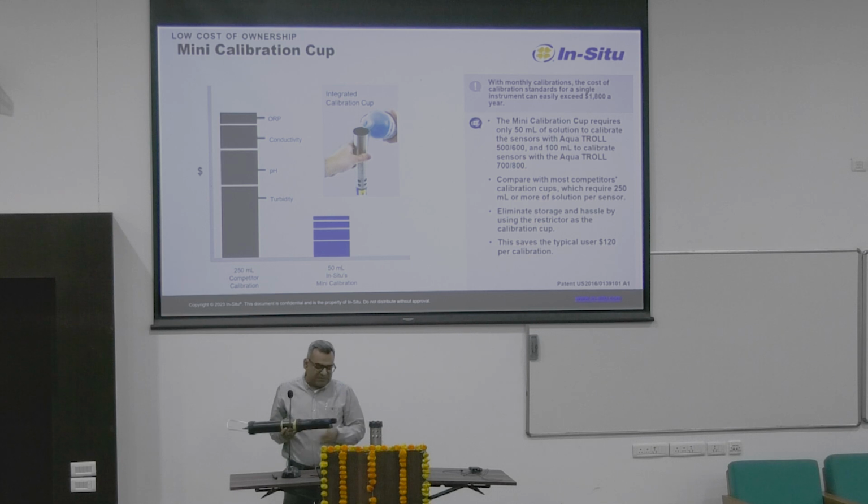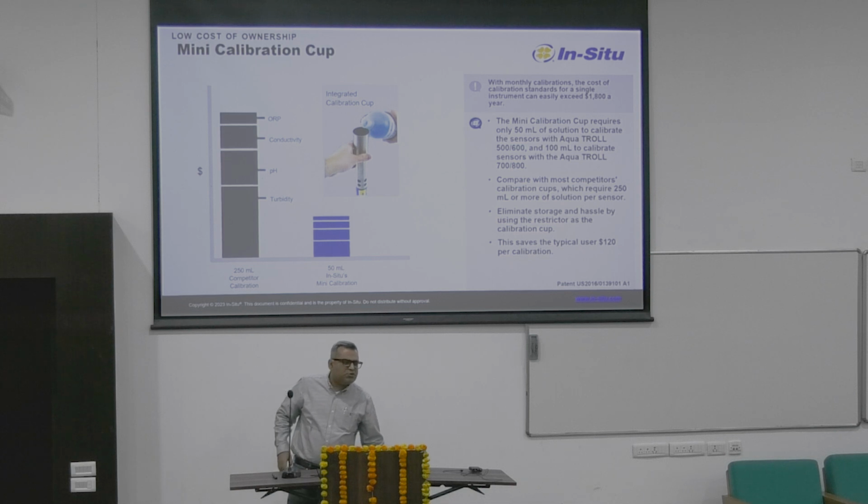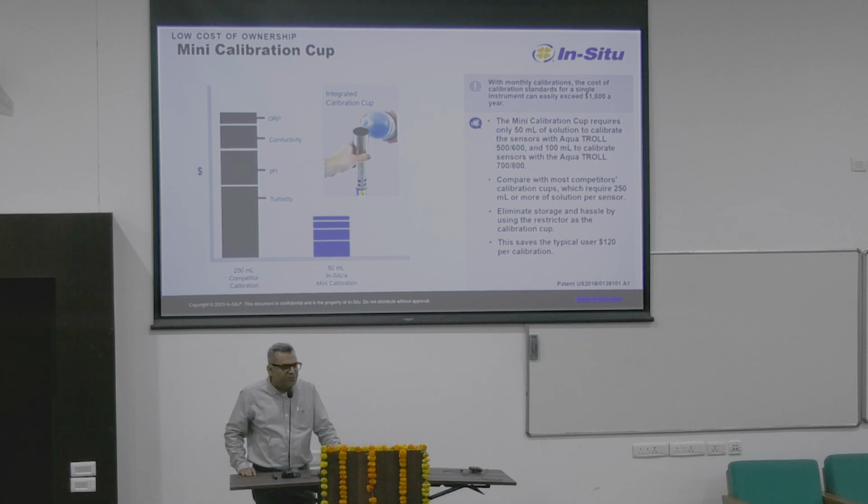Since it is a flat surface, you require a very minimal amount of calibration solutions, which saves a lot of cost and avoids wastage of calibration solutions. Generally, if you are doing the calibration for any multi-parameter instrument, you require about 200 to 250 ml of calibration solutions, whereas in our case, 30 to 50 ml is more than enough. So you are saving almost 50% of the cost of the calibration solutions.